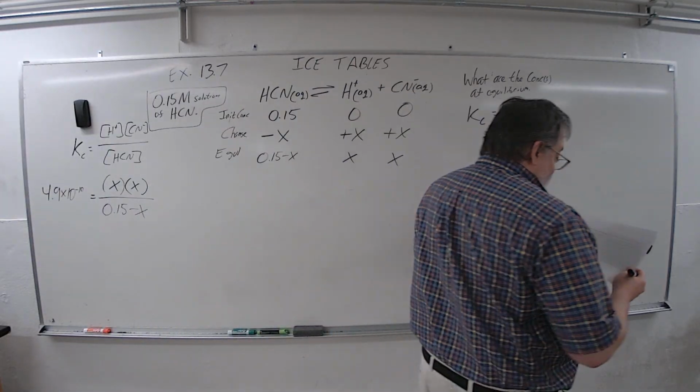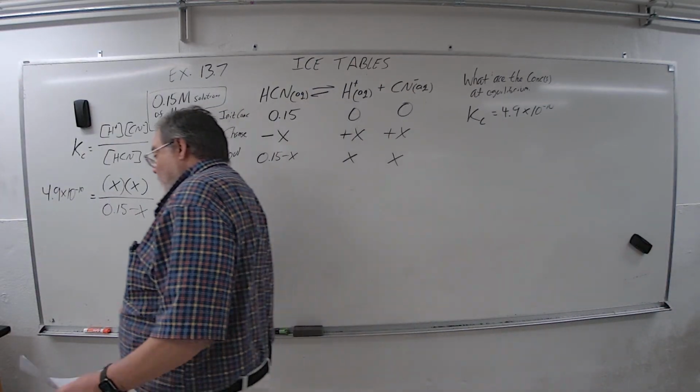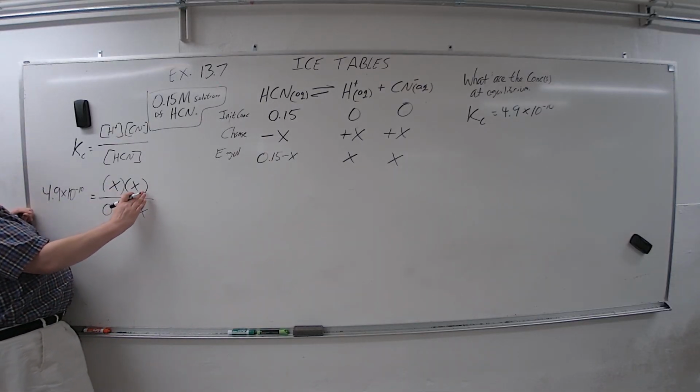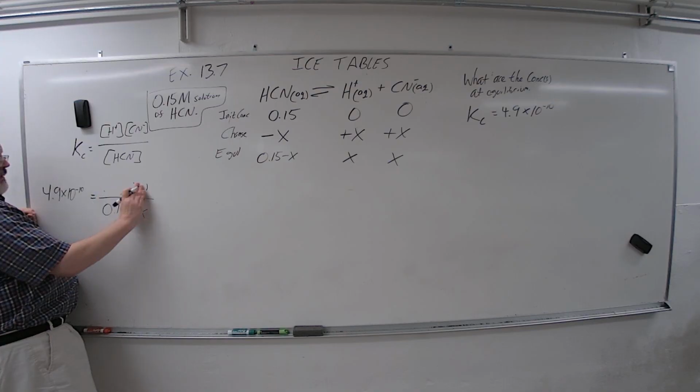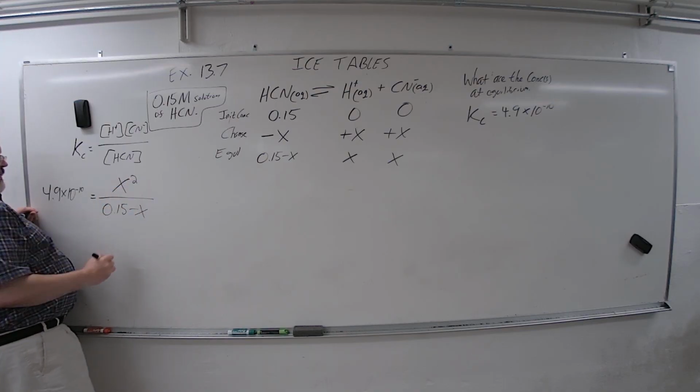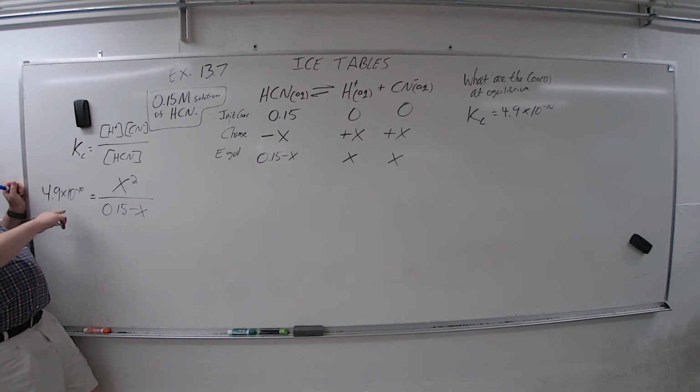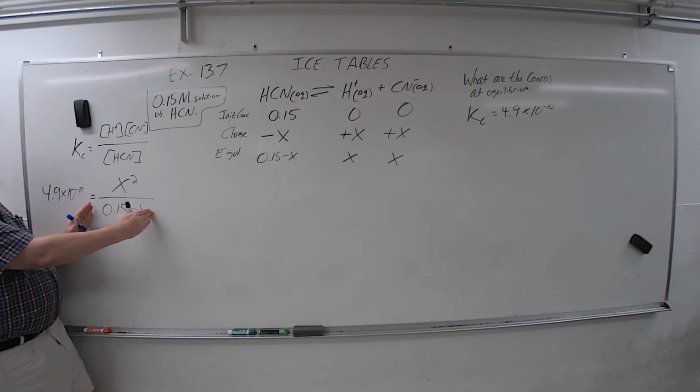But notice this is kind of an awesome trick that helps you a lot. Let me do this first. This is x squared. I'm going to put x squared here. Now I'm going to take this and move it over to the left side by multiplying both sides by this.